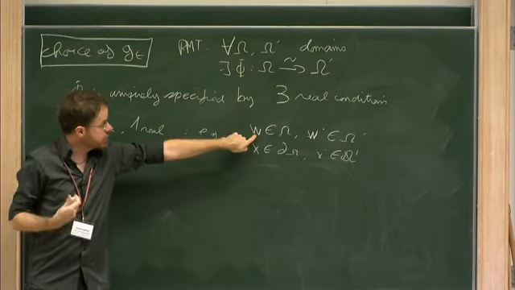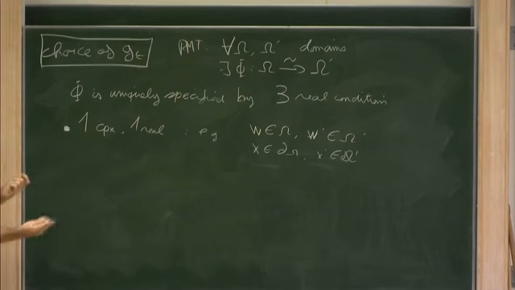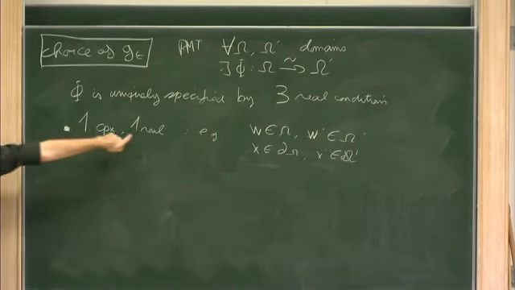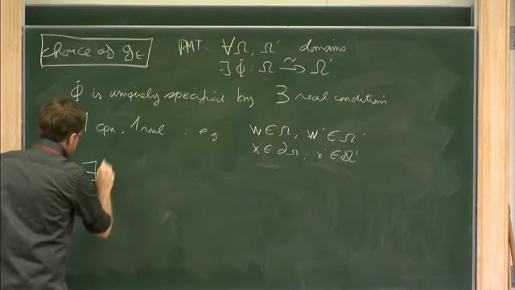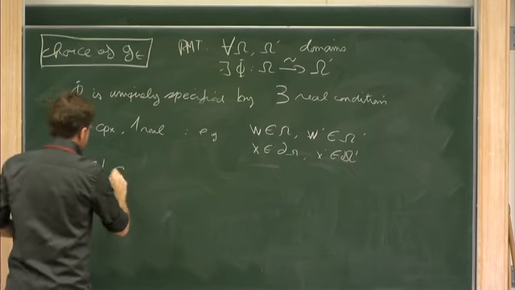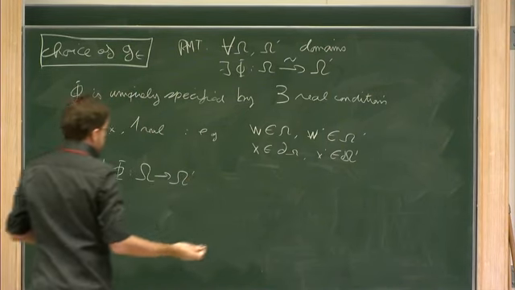So this is given by one complex coordinate, this is given by one real coordinate along the boundary, and this is what I mean by one complex and one real coefficient. And then there is a unique conformal map from omega to omega prime.